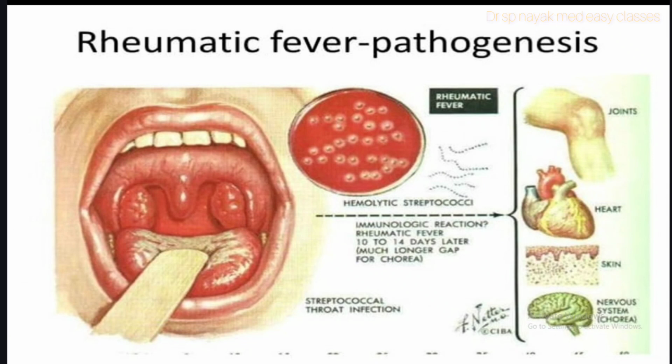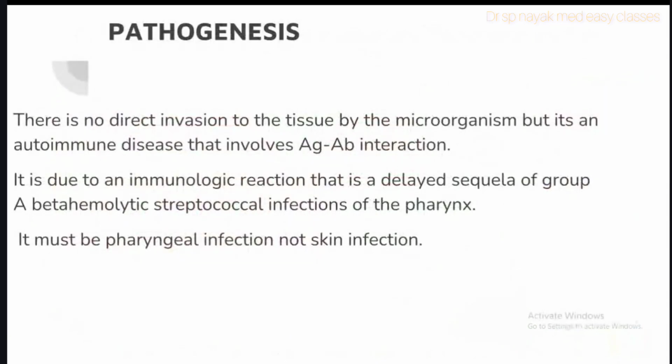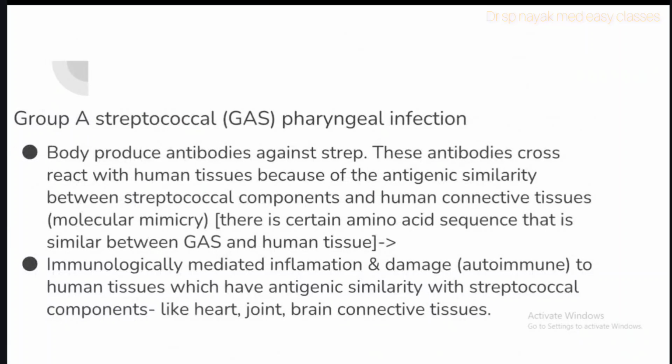We discussed the pathogenesis, which is generally about antigen and antibody interaction. Then we talked about group A streptococcal pharyngeal infection, how the body produces antibodies against strep. Then these antibodies destroy its own cells because of the mimicking activity of group A streptococcus.